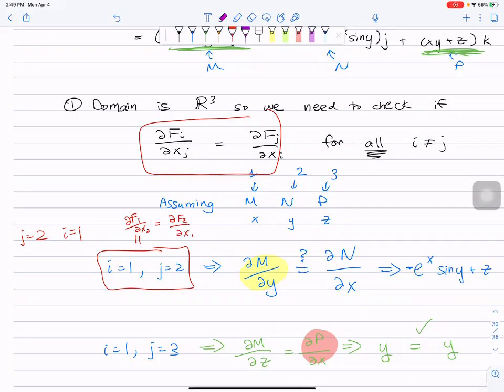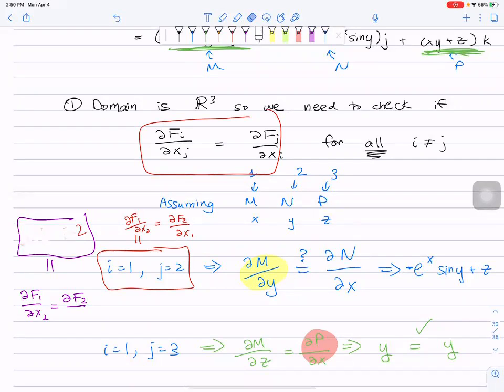If we did this thing, what would that be checking? That would be doing F2 with X1 equals F1 over X2. Wait, am I missing it? Oh, I wrote the same thing here. Sorry, this should be J equals 1, I equals 2.